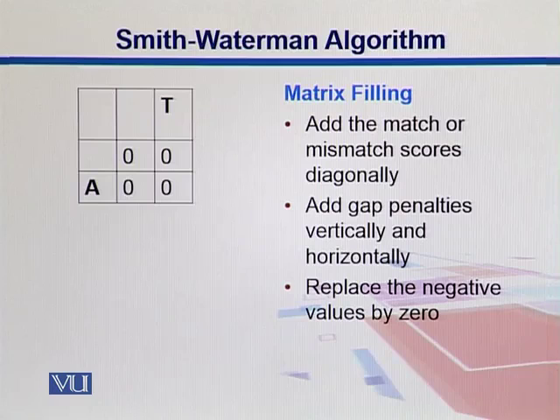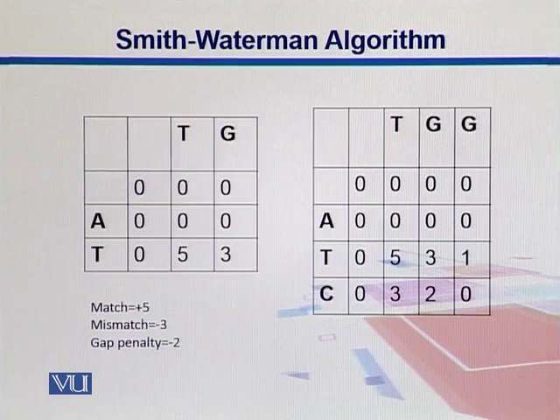Either we can get the score from the top or bottom or horizontally, but since we are starting and picking the maximum amongst them, and we get a mismatch, and our scoring scheme gives a negative score for the mismatch, that's why we see a 0 over here. For a match we have plus 5, for a mismatch minus 3, and the gap penalty is minus 2.